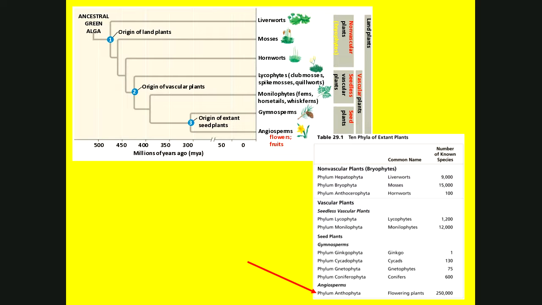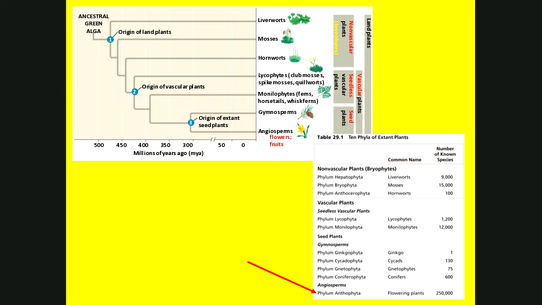Initially, plants would have grown near the water, sort of like the green algae you might see on the side of a lake. But as time went on, evolution being the way it is, organisms began to evolve the ability to move out into much drier climates. So we've talked about that.